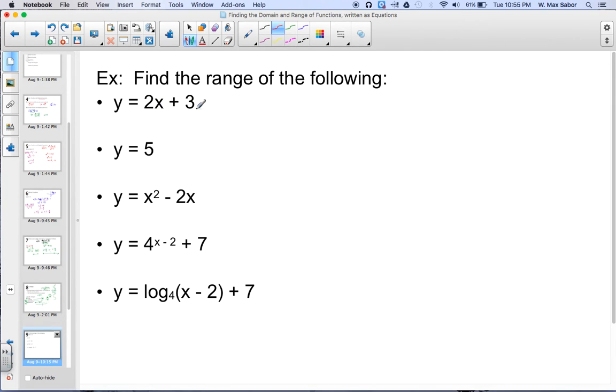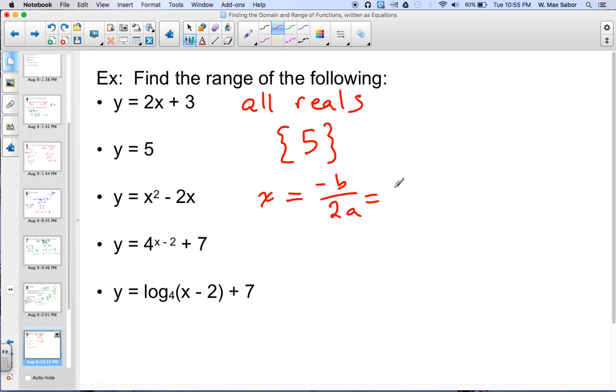Find the range of the following. This is going to be all real numbers. For y equals 5, the range is just 5. For this, we have to find the vertex. So finding the x-coordinate of the vertex is -b/2a, which gives 1.